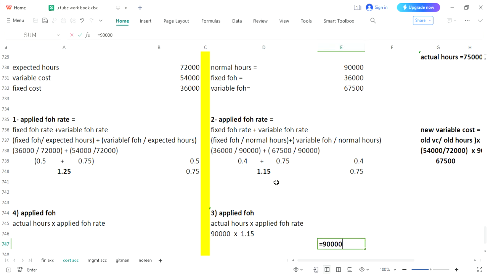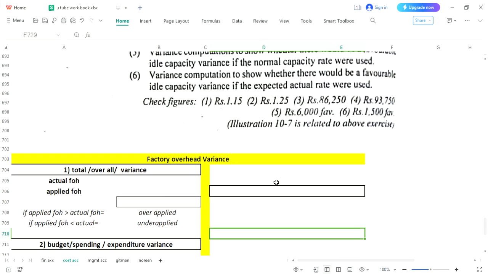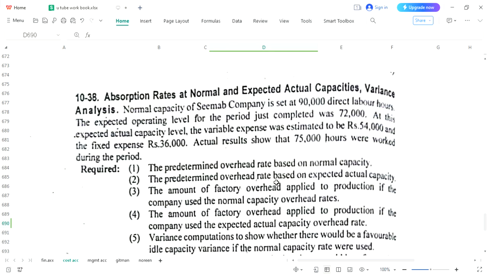Now put it on the calculator. 90,000 multiplied by 1.15. So 103,500. This was, I think, the third requirement. Amount of factory overhead applied to production if the normal capacity overhead rate is used.